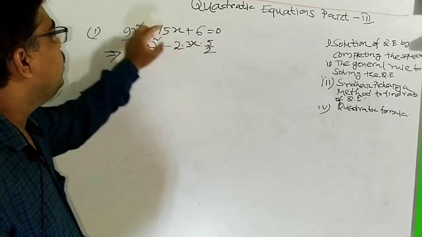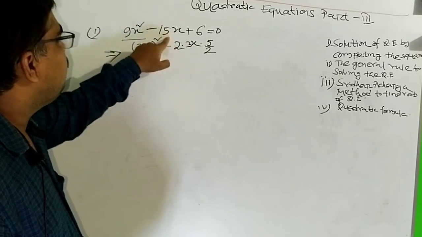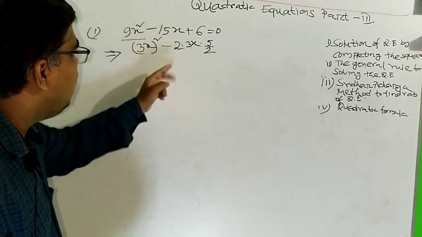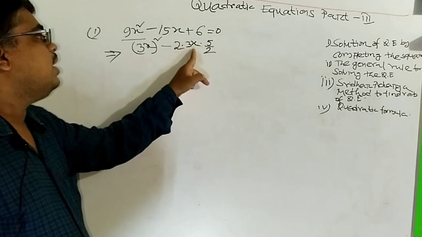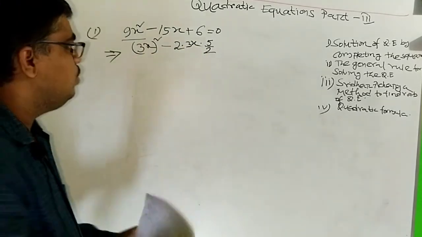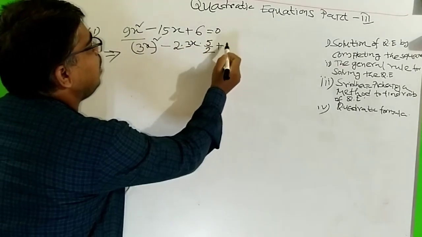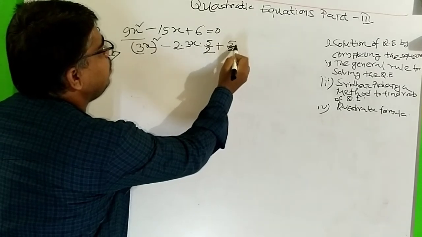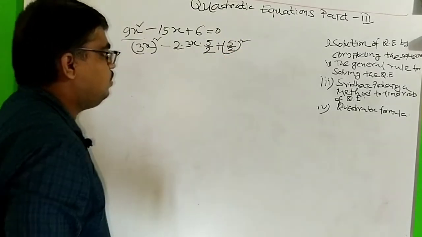So 15x can be taken in this form, 2 into 3x into 5 by 2.